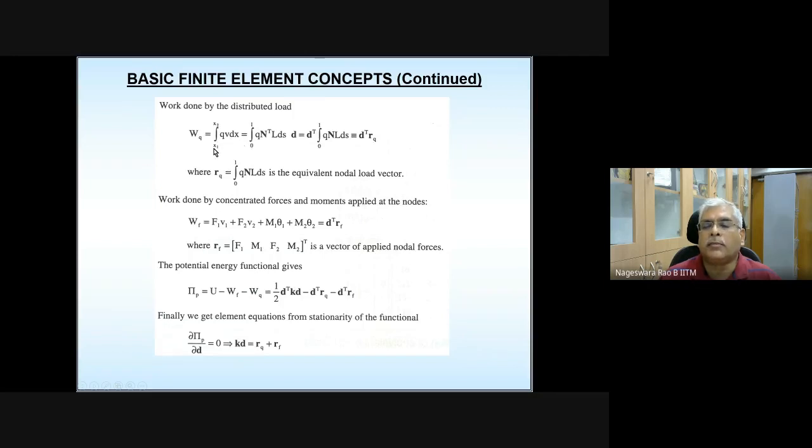Limits have to be changed from 0 to 1. q is going to be a function of x, or if it is not, you can take it out of the integral. v is n transpose d, and dx is L times ds. So substituting all that information, finally you can define a vector. RQ is defined. RQ is going to be a vector. And if RQ is defined like this, then WQ can be written as D transpose RQ.